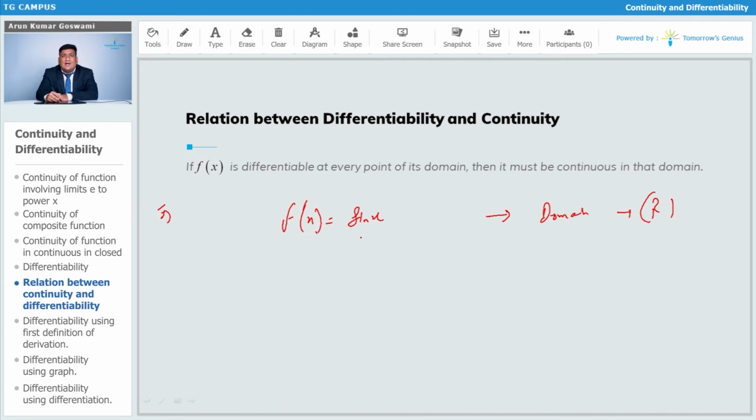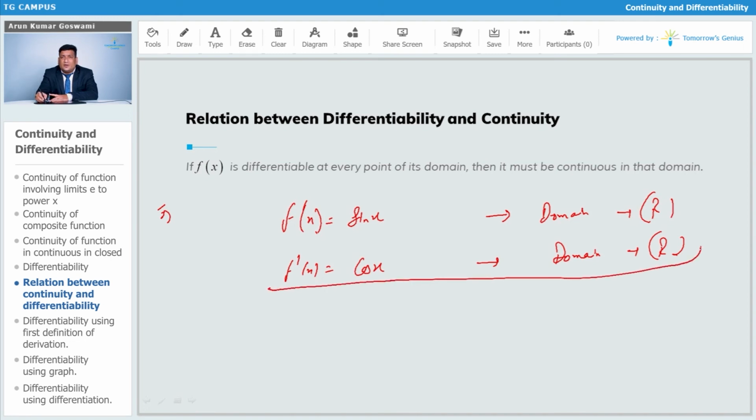But what will happen for the differentiability? It means sin x is continuous in R, so if I differentiate it, it comes as cos x. So we know that the domain of cos x is also R. It means it is differentiable in its domain.